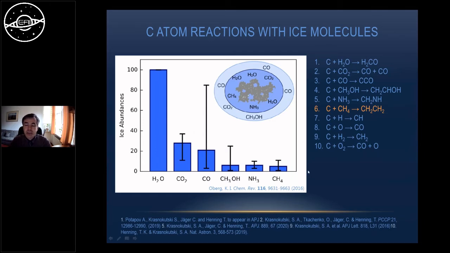We apply this method to study a number of reactions of carbon atoms with small abundant molecules present in space. And currently there is a very interesting picture. Here on the left, you can see the molecular composition of molecular ice mantles.